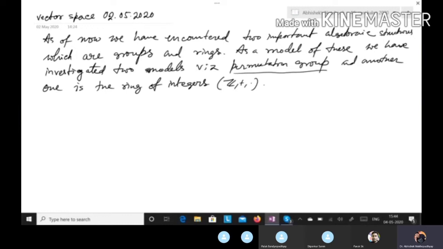We face problems that deal with a set in which it is very interesting to study linear combinations of objects.